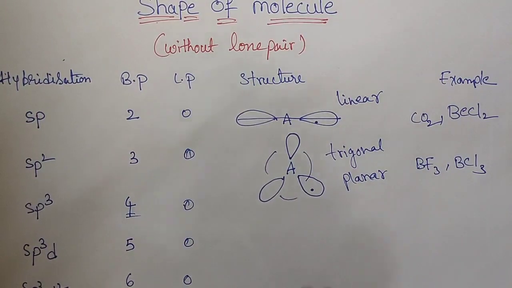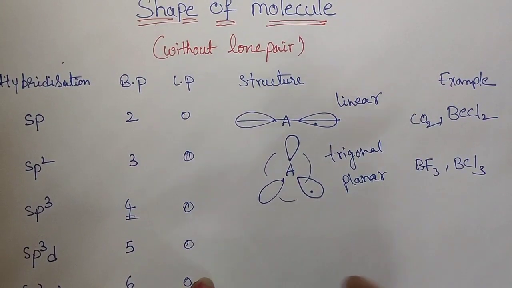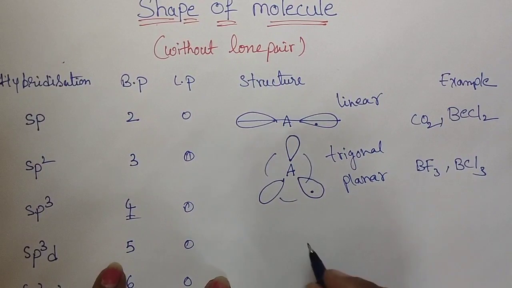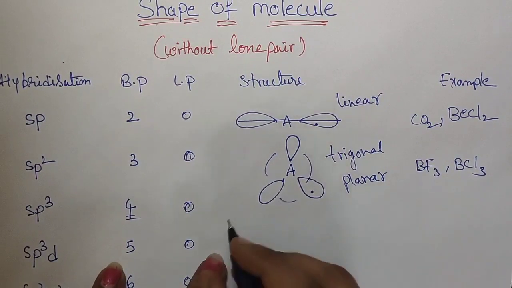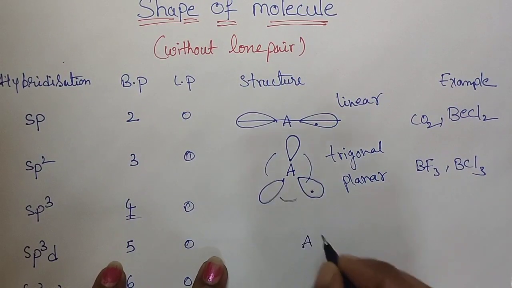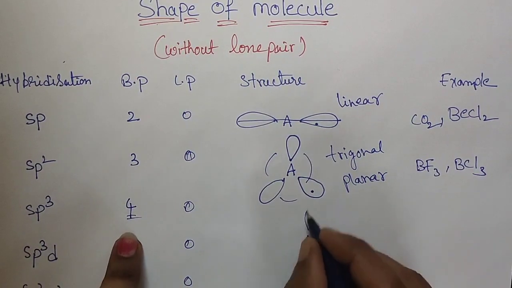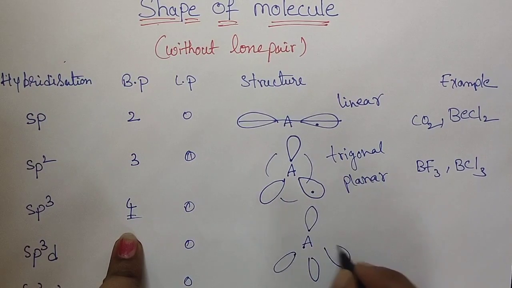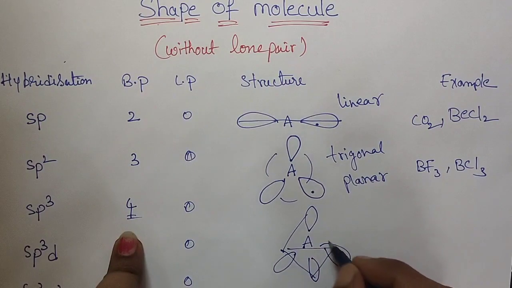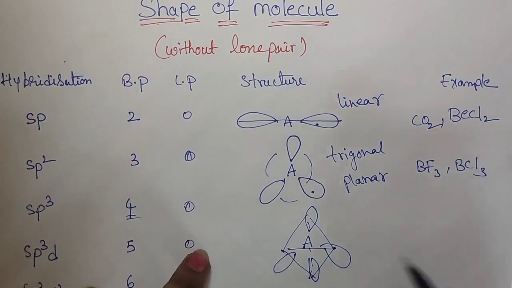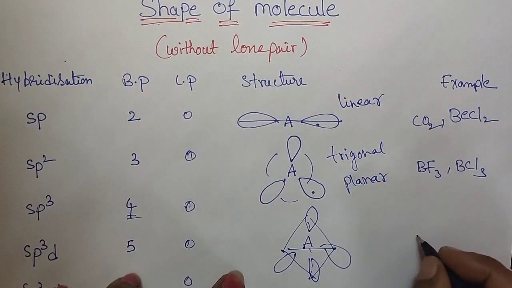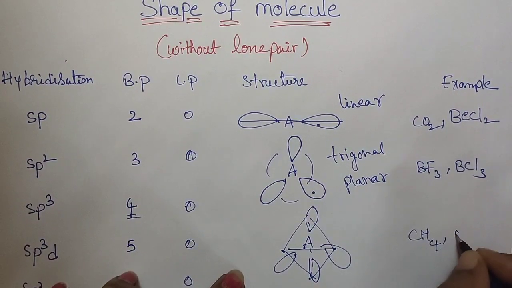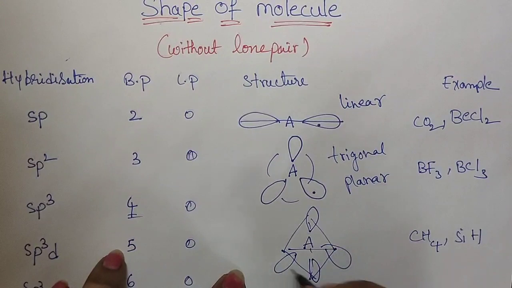It should have less repulsion, then only it will be stable. Tetrahedral means we arrange the four hybrid orbitals in this manner. The best example is CH4: H4, 1, 2, 3, 4.